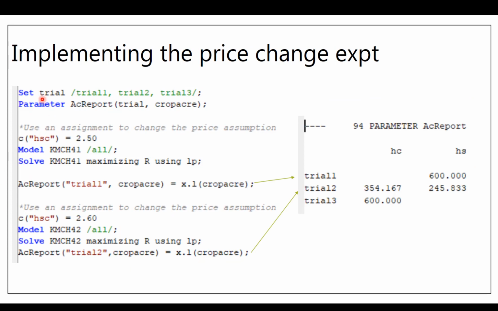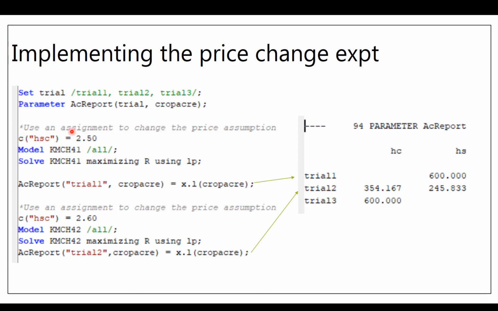That means that I can make a new set called trials, trial 1, trial 2, trial 3, and then I can make a new parameter called the acreage report, and it'll have elements trial and crop acre. Okay, and so run an experiment here. It says use an assignment to change the price assumption.